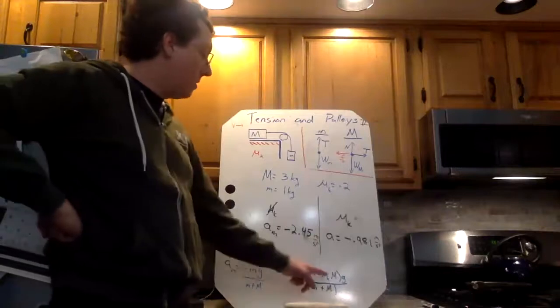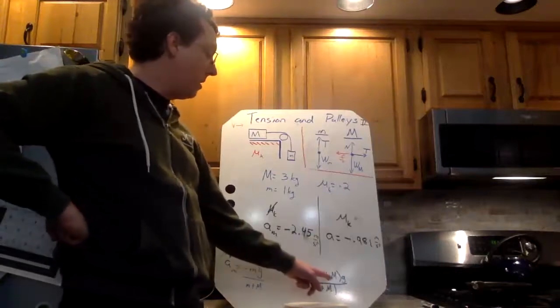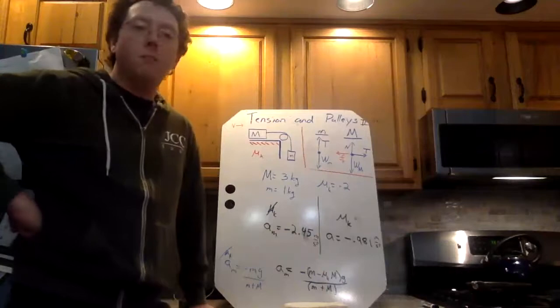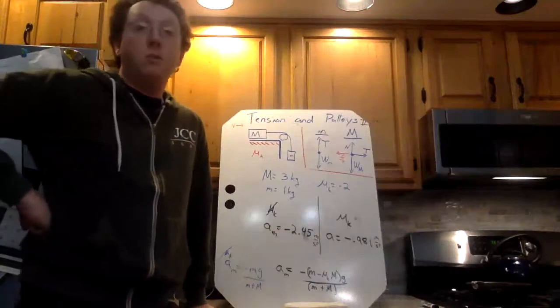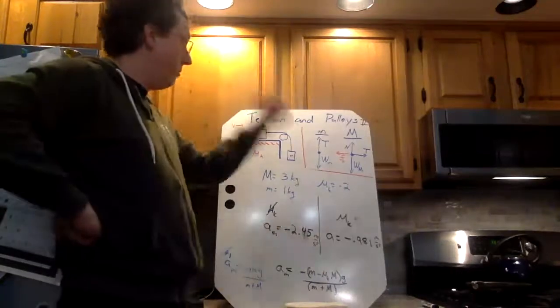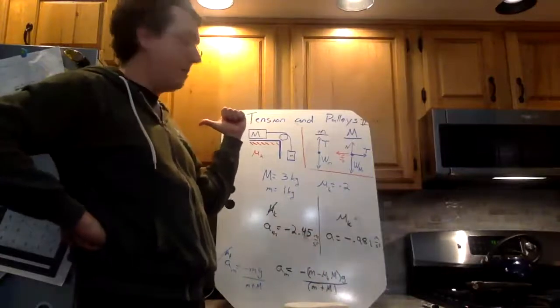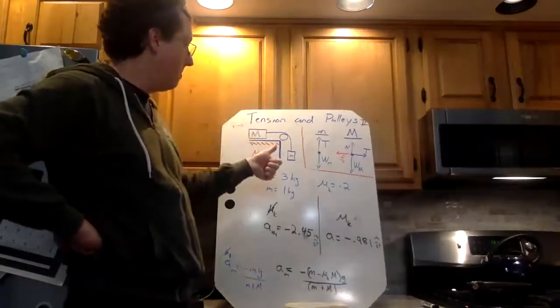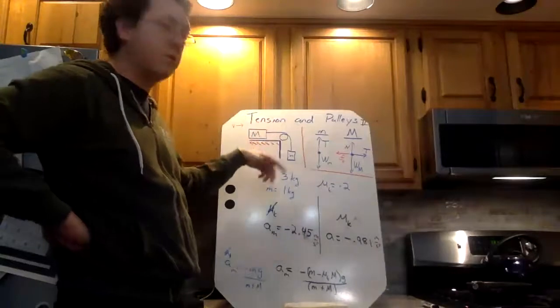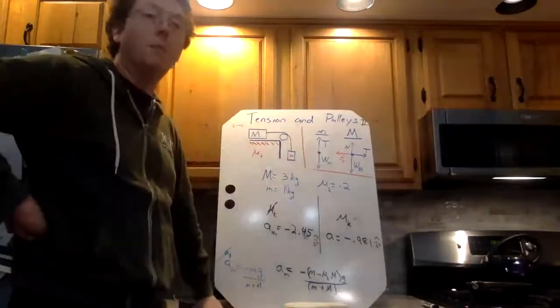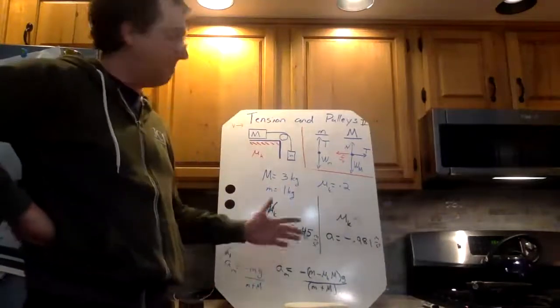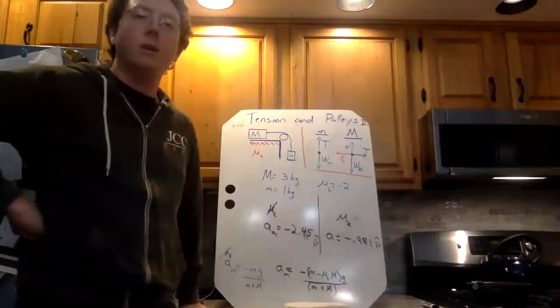And if you continue to make the large mass bigger and bigger, eventually the acceleration would reverse sign, and the falling mass would actually slow rather than speed up as it fell down. And it all has to do with the magnitudes of numbers when you plug in.